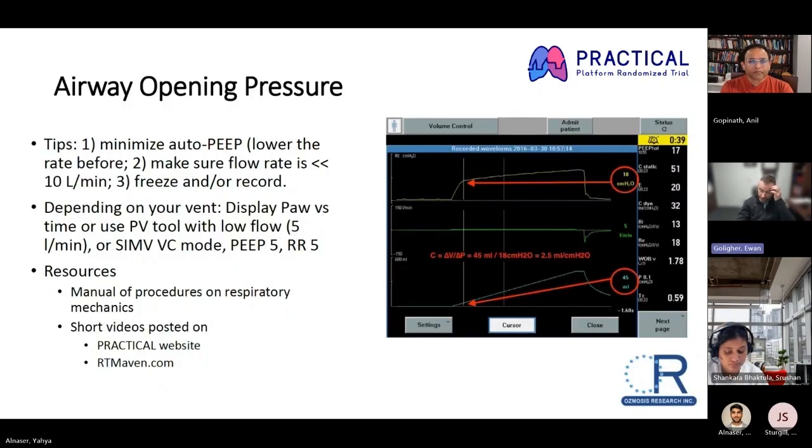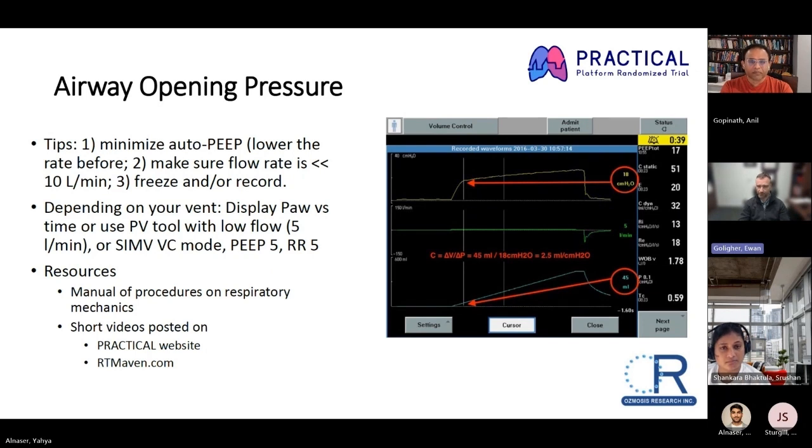Okay, so to support these measurements, because we recognize there's a bit of complexity to doing this, we've created training materials that I think are really helpful. We have a manual of procedures on respiratory mechanics that people can refer to. We also have created very short training videos.